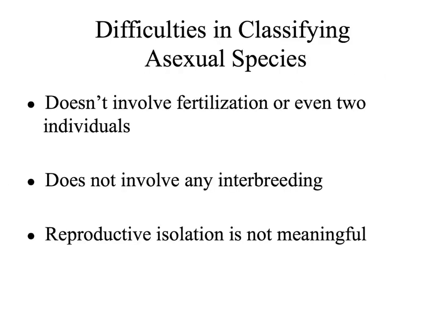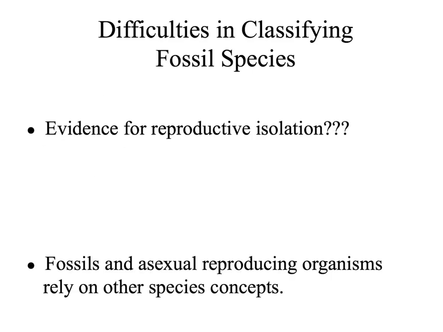The biological species concept has some problems as well. This concept does not work well if organisms reproduce asexually or make clones of themselves. For this species concept to work, we have to have a reproductive event between two individuals, male and female. This species concept also has problems when trying to apply it to fossils.